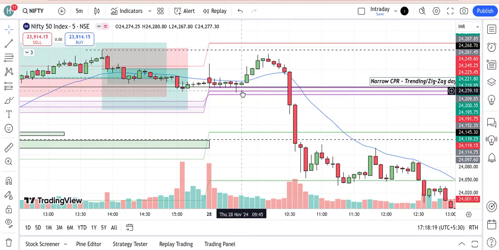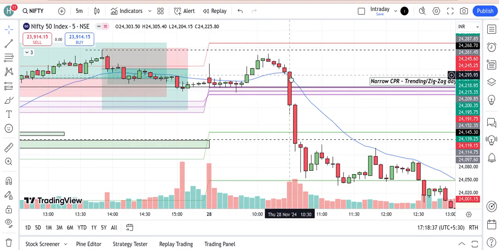And it broke the low of those seven or eight tiny candles. These tiny candles mean market was trying to resist this level. It was not breaking. Moreover, there was a CPR support. It went up also, but look how decisively it is broken.